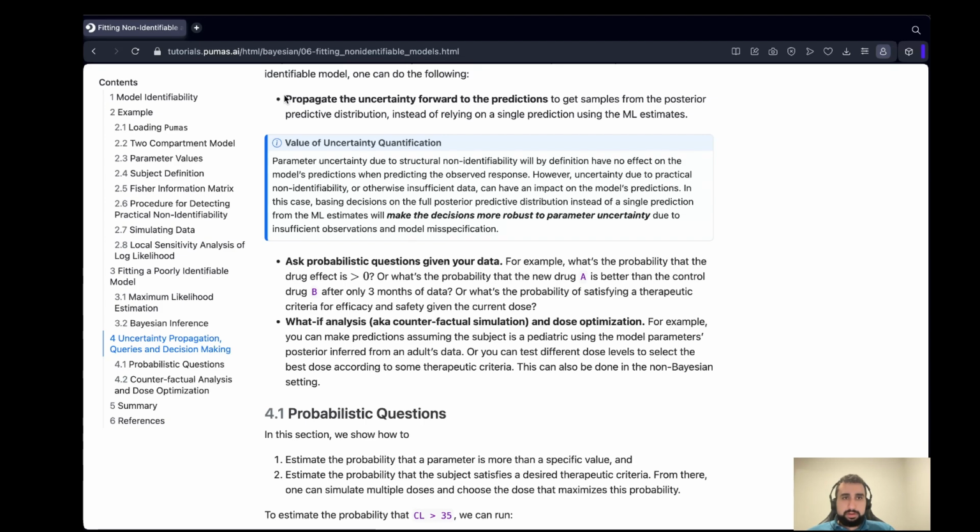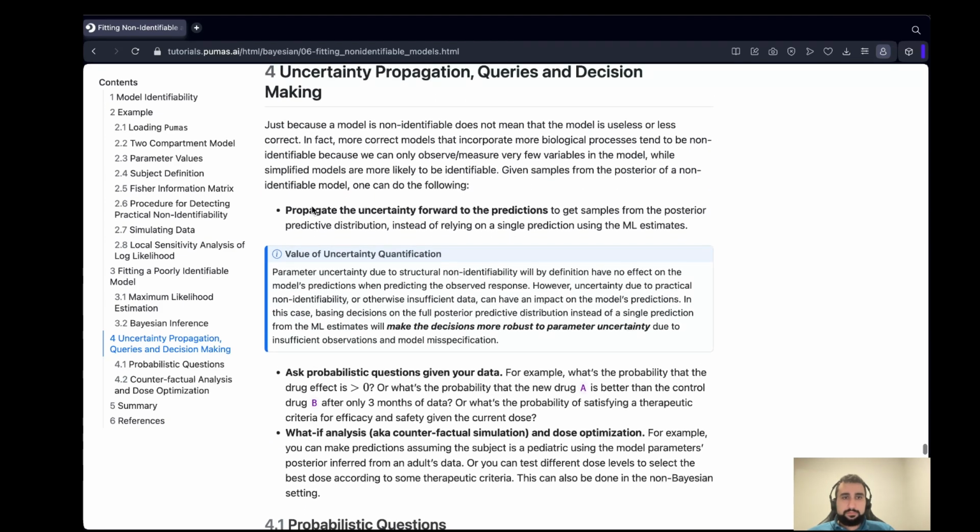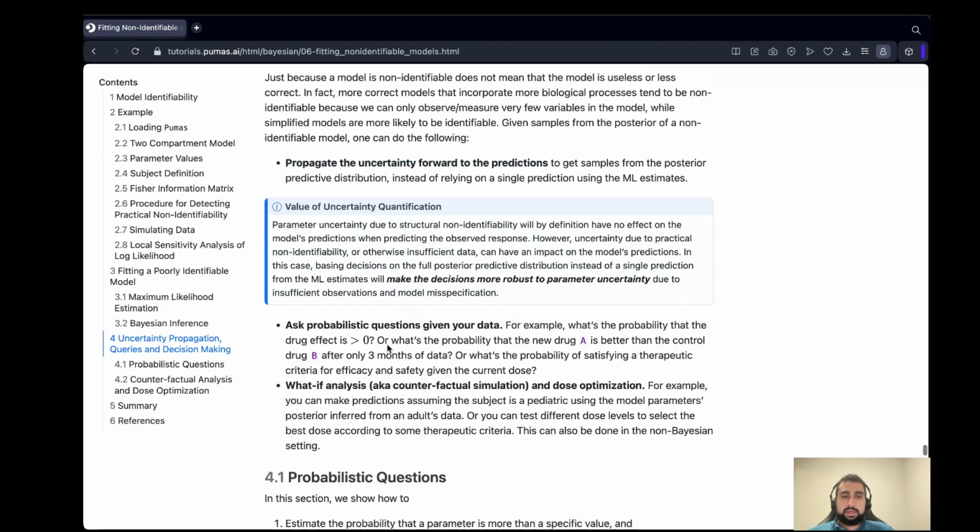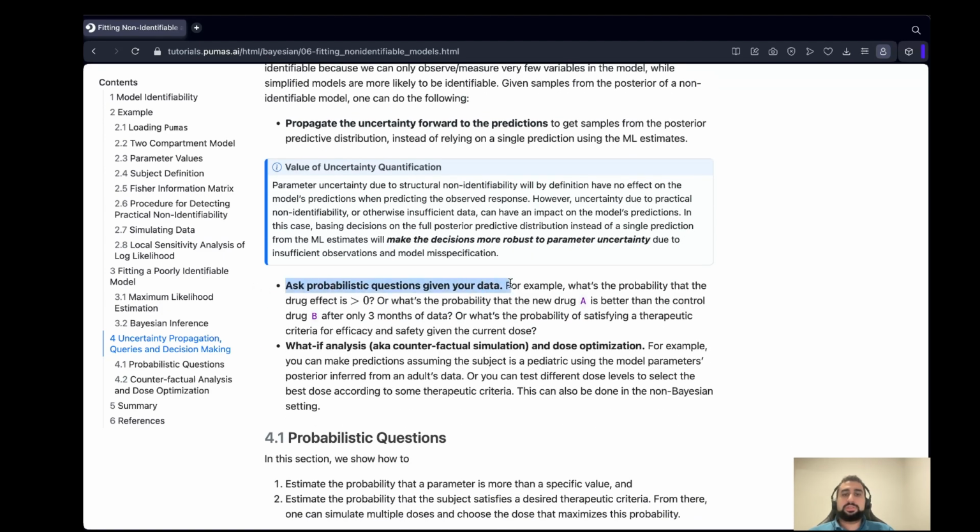Okay, so again, let's recap here. We do have a few things we can do with these posterior distributions. We have the ability to propagate the uncertainty forward to get predictions, so that we can hopefully make decisions based on those predictions, like dose selection and stuff like that. We could ask probabilistic questions given our data.